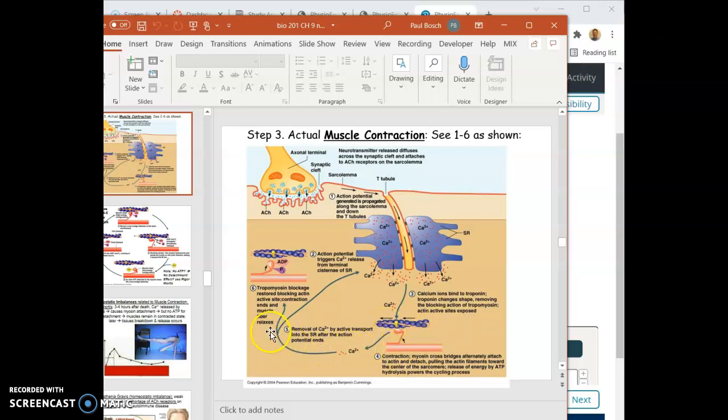Then you remove the calcium so it can go back to normal, and then the calcium gets reabsorbed into the SR again. So this is the whole thing. You don't really get a contraction till down here. That's what the latent period's about. From here all the way to here is the time it takes for this to happen. Because now we have contraction. That's step 4, right? So that's what we're looking at with latent period.